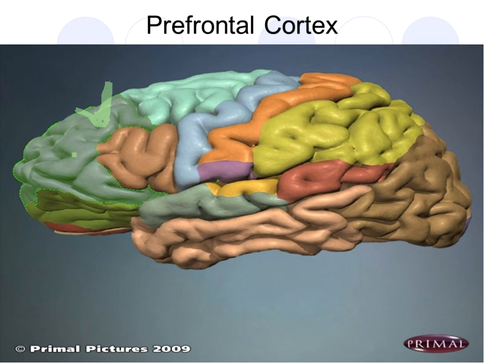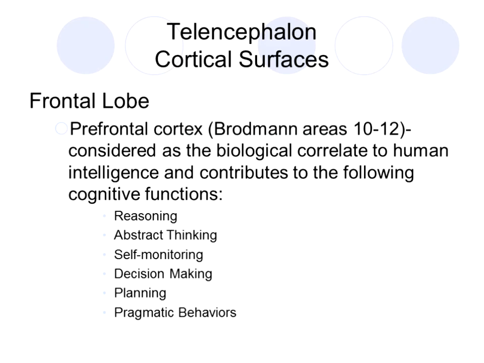So if we go back, the area for reasoning, areas 10 through 12, you can't really see 12 on figure 2.6b, but it's Brodmann's areas 9 through 12, okay?